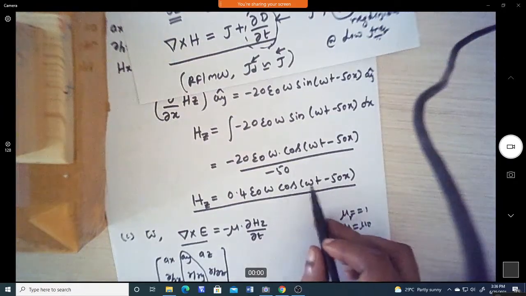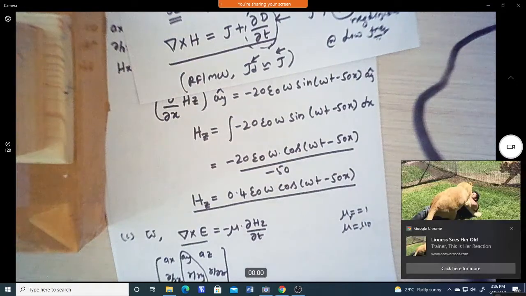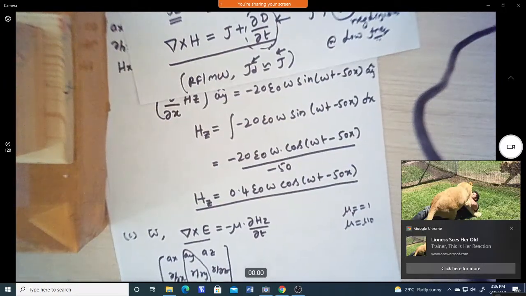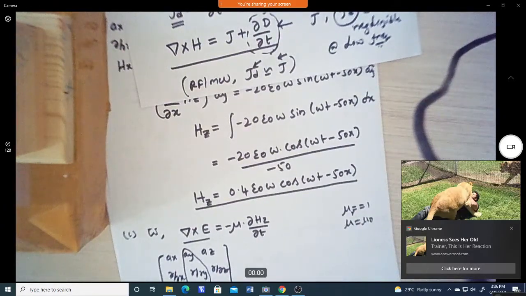If I differentiate again, it will become omega square into, cos differentiation gives minus sine, so we are going to get plus sine of omega t minus 50x. So this is the z component, this is the Hz component, in the direction of ay.